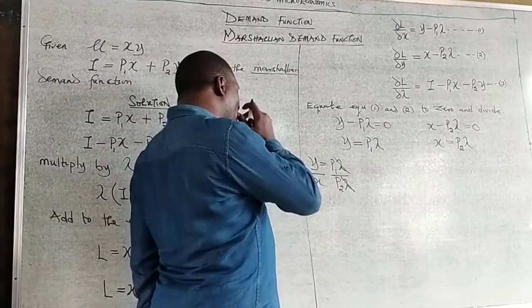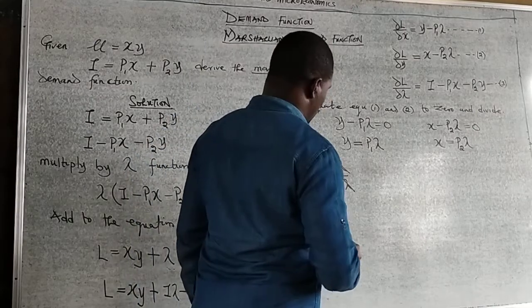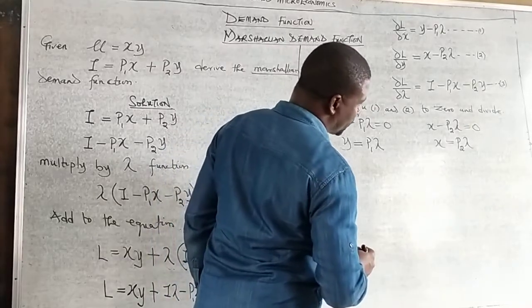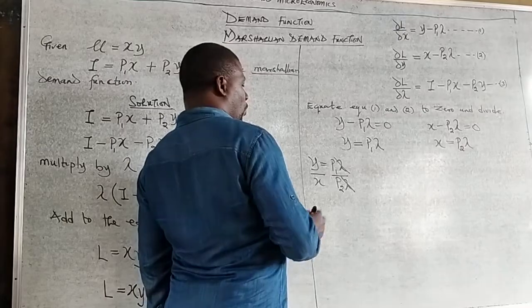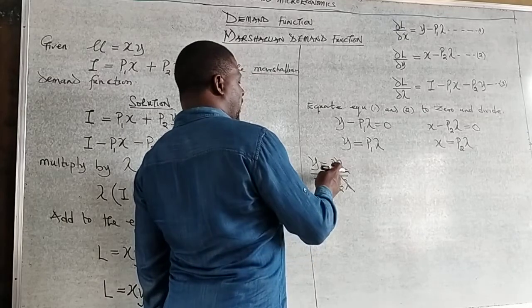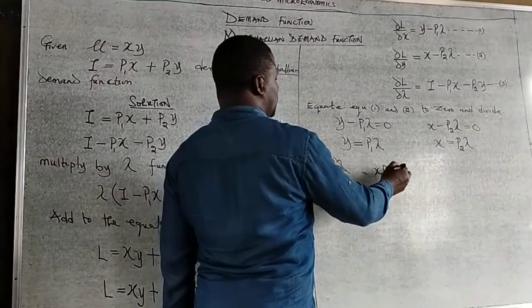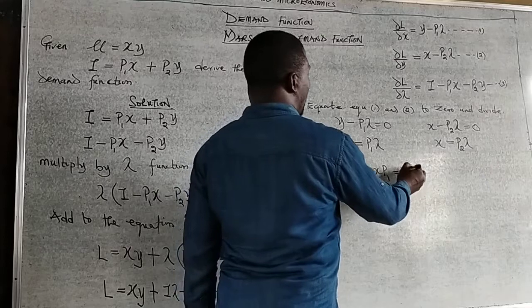So from here down, I can try to get my p1. From here, what will be my p1? If I cross multiply, it will be x p1 equals y times p2, y p2.